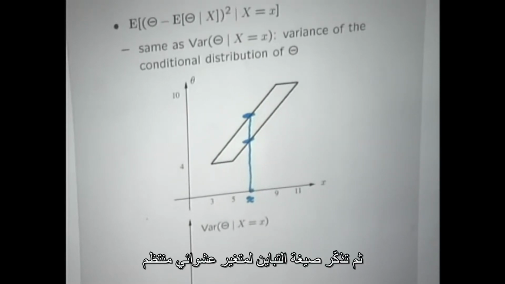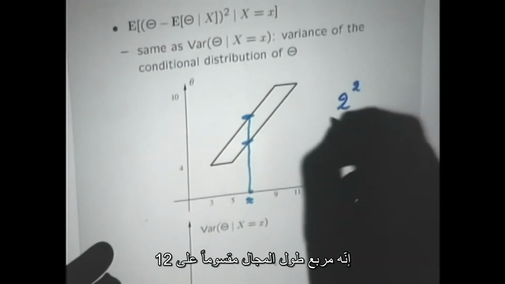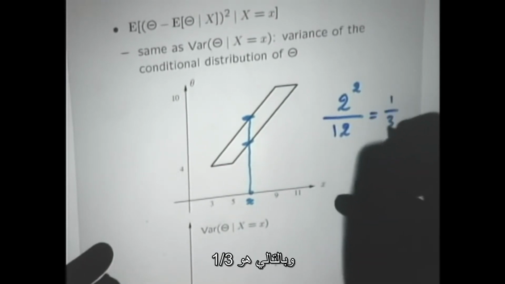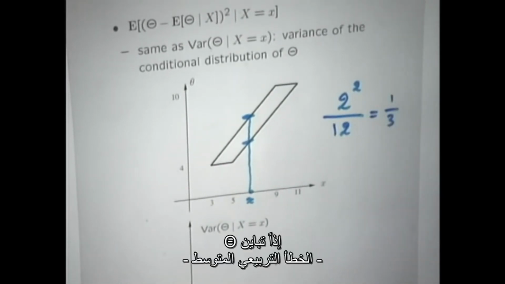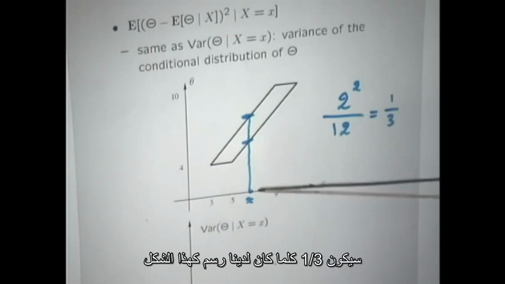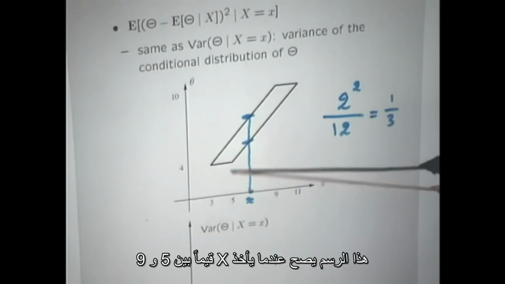Then you remember the formula for the variance of a uniform random variable. It is the length of the interval squared divided by 12. So this is 1/3. So the variance of theta, the mean squared error, is going to be 1/3 whenever this kind of picture applies. This picture applies when x is between 5 and 9.